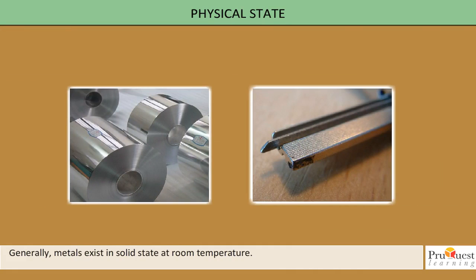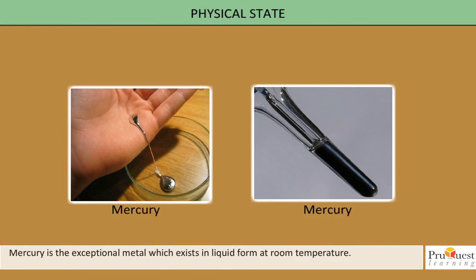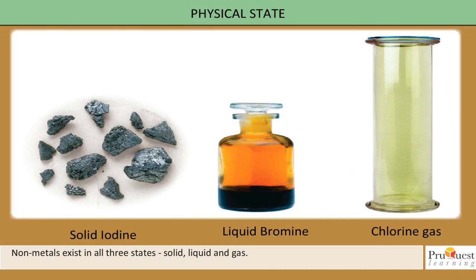Physical state. Generally, metals exist in solid state at room temperature. Mercury is the exceptional metal which exists in liquid form at room temperature. Non-metals exist in all three states: solid, liquid, and gas.